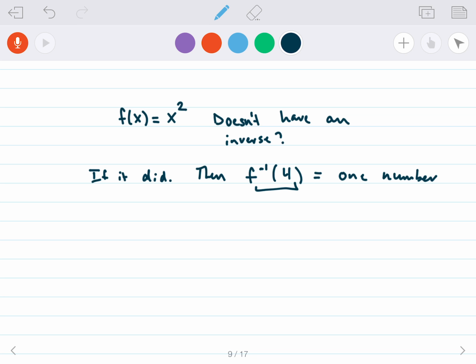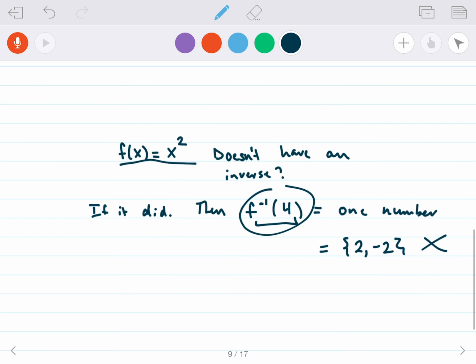But here we know that 2 squared is 4, but also negative 2 squared is 4. So this is going to equal 2 and negative 2, which means you don't have one number. You have two things, and so the inverse function doesn't exist. But we can look at pre-images.